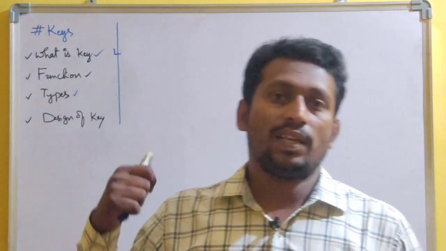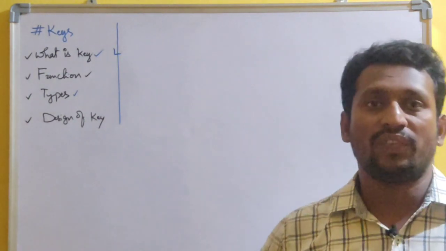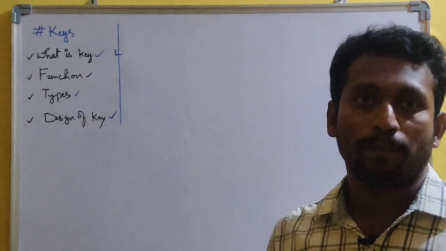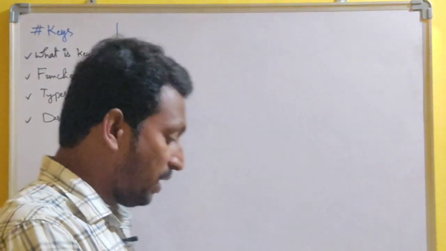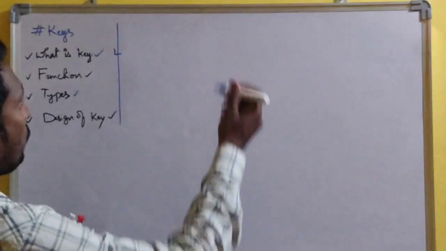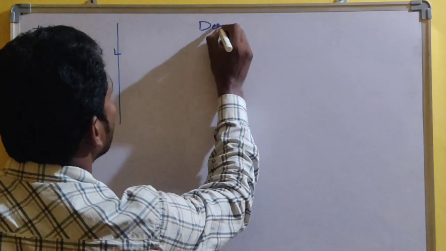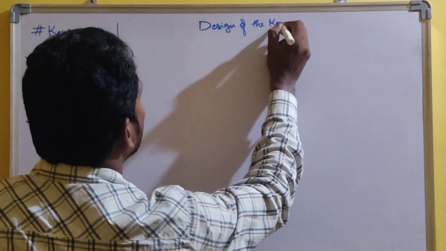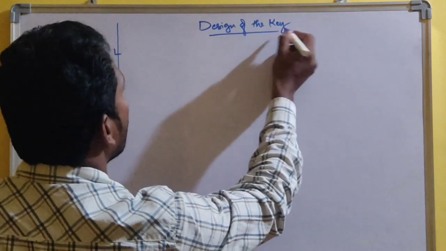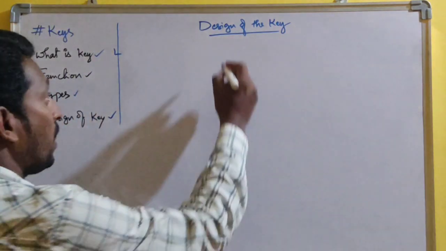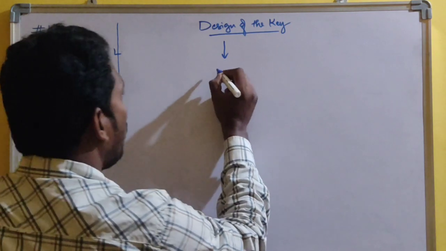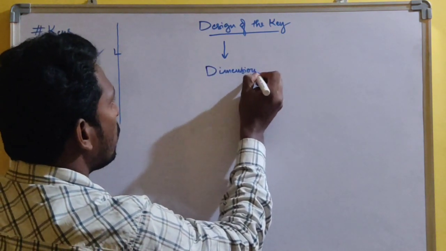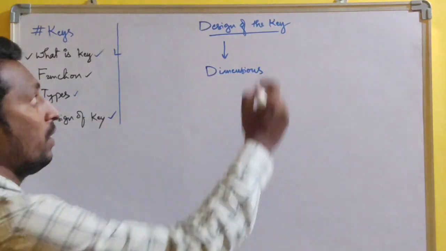So up to now we have discussed the various types of keys. Now the next topic is design of the key. Design of the key means determining the dimensions of the key.